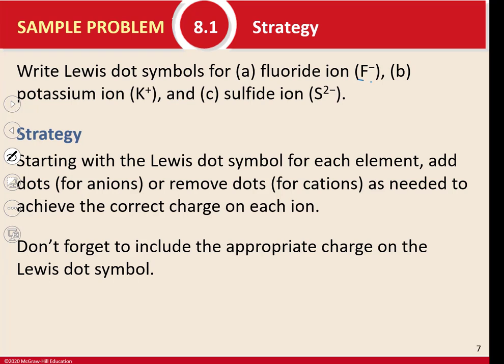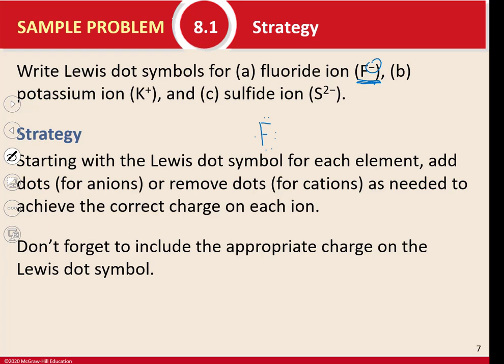Let's do fluoride first. So fluorine is in which group? 7. So it has how many dots around it? 7. So I'm going to do 1 per side. 1, 2, 3, 4, 5, 6, 7. So now it has 7 dots around it. To become fluoride with the negative charge, are we adding an electron or losing one?